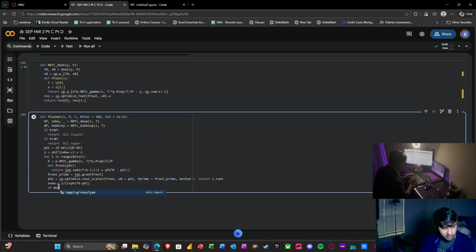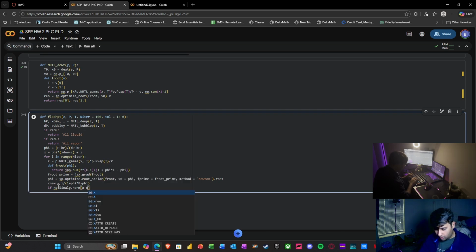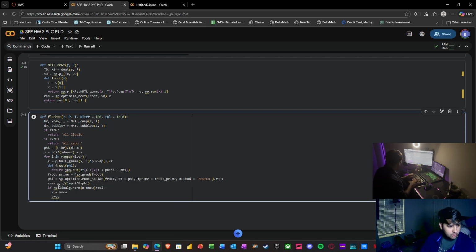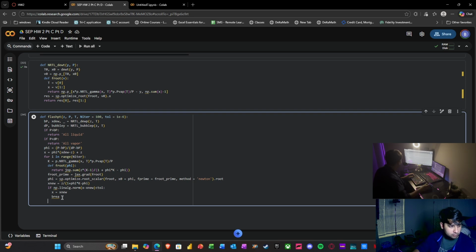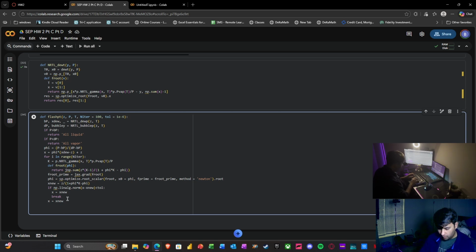And then we're going to have if np.linalg.norm of x minus x new is less than tolerance, then x equals x new, and then we'll break. x will equal x new, and then y equals k times x.